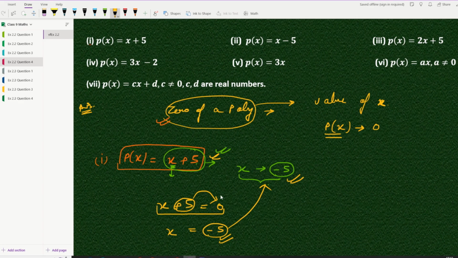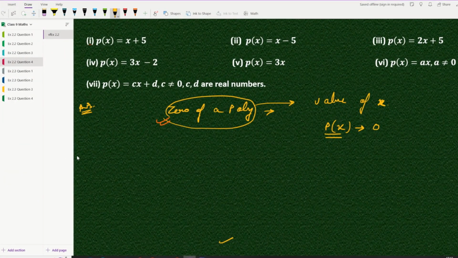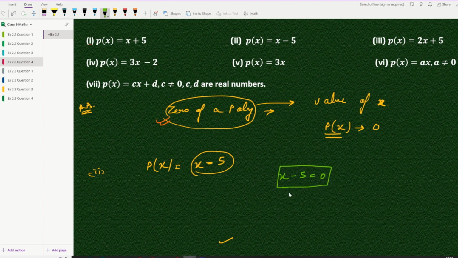Now let us move to the second part. Second part में भी हम ऐसे ही करेंगे. Firstly let me write the polynomial. It says p(x) = x - 5. Simply you have to equate this polynomial x - 5 with 0. This is a fundamental. Then you have to find the value of x. Obviously you will take this -5 to the RHS side and it will be +5.